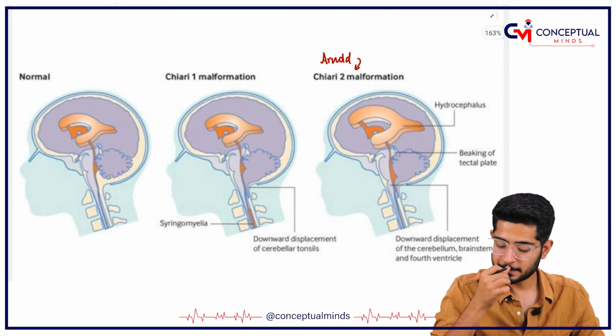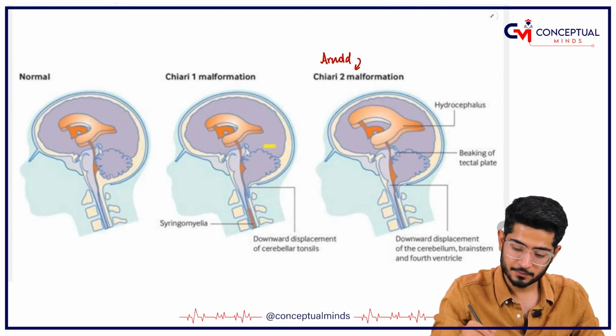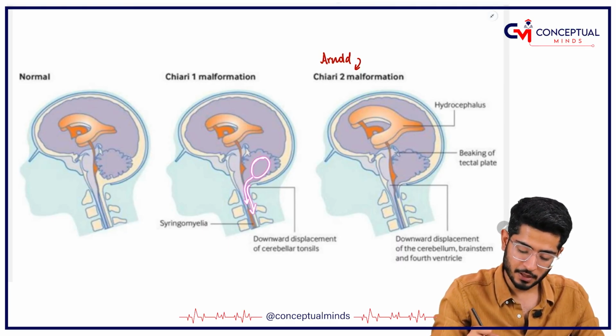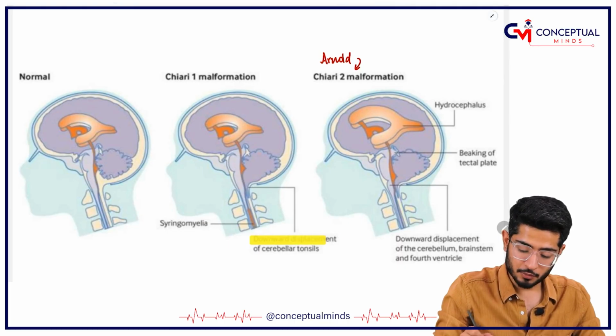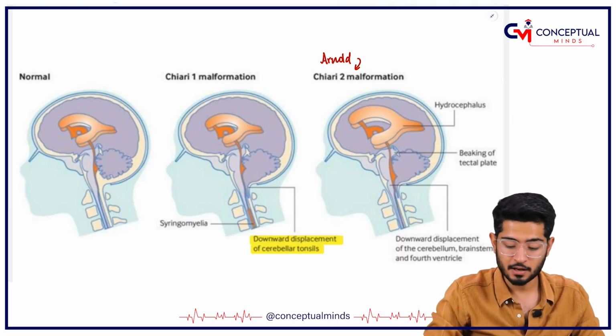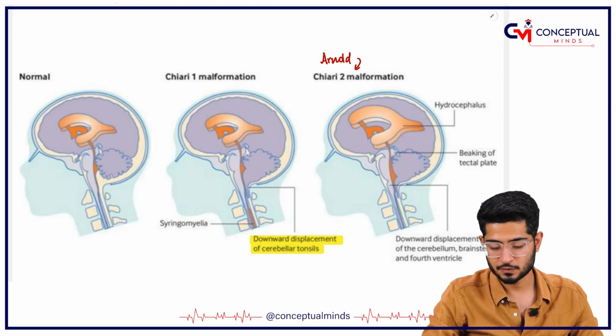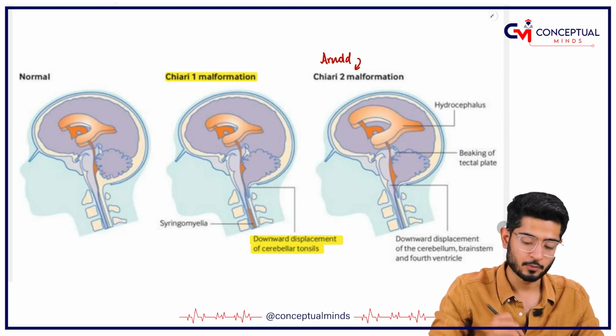Please understand that this is the cerebellum. Okay, can you see this is the cerebellum, and the cerebellum is going to come down. So there is a downward displacement of the cerebellar tonsils, which is going to happen in Chiari malformation type 1.